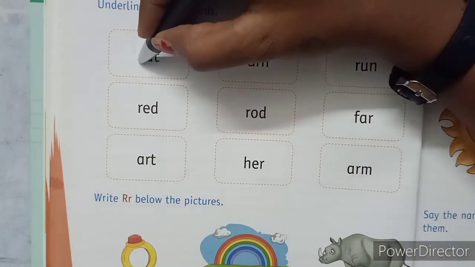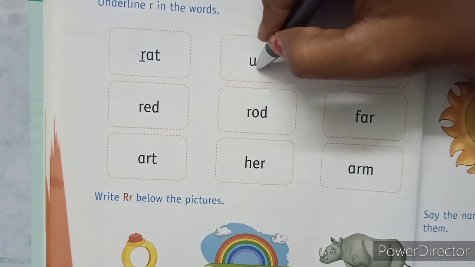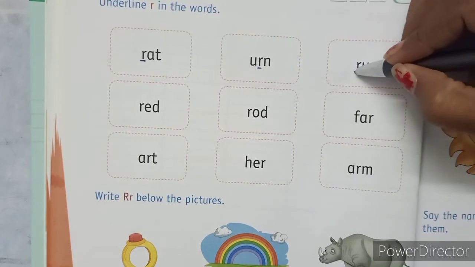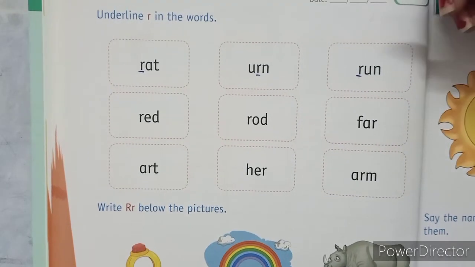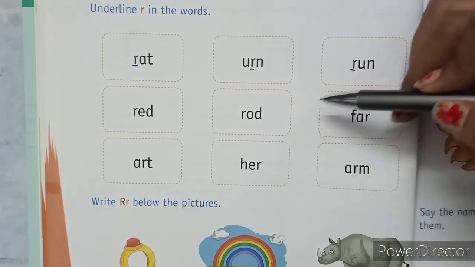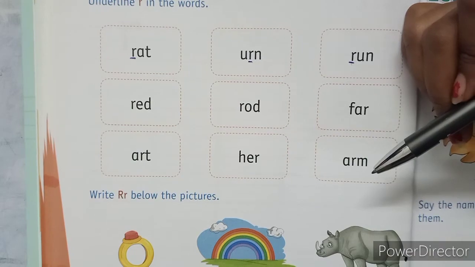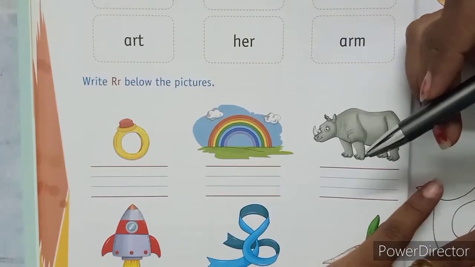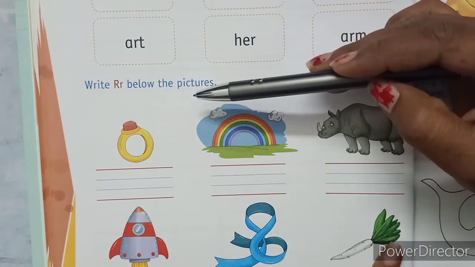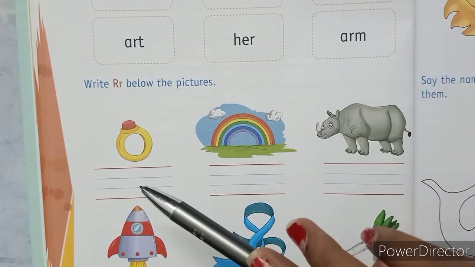So let's underline the letter R. R के नीचे हमें अंडरलाइन करना है. ओके, अंडरस्टूड ऑल ऑफ यू? ऐसे ही आपको बाकी के 6 लेटर्स के नीचे अंडरलाइन करना है. Then write R below the pictures.